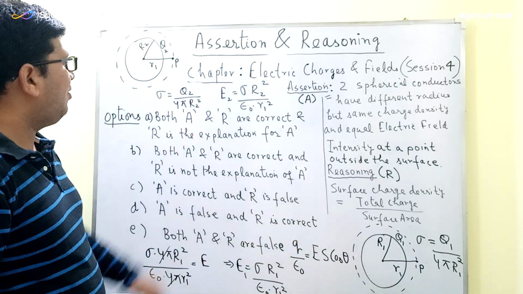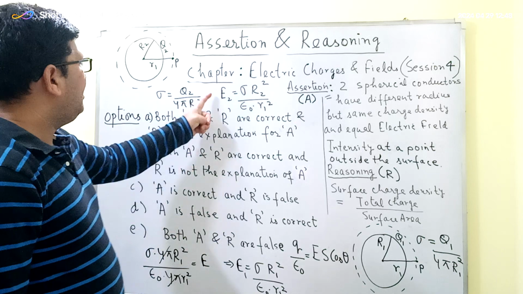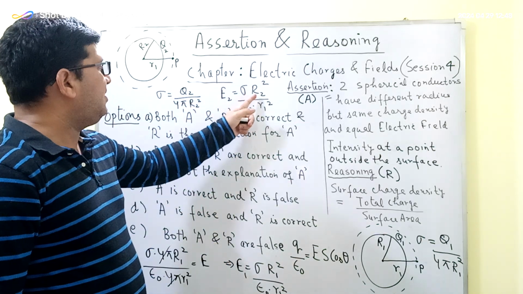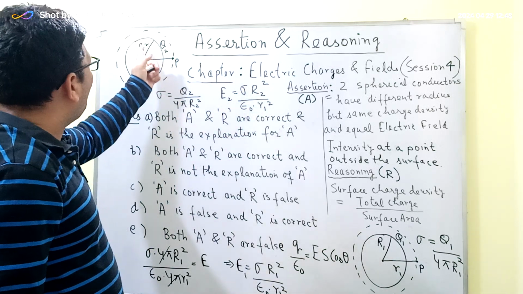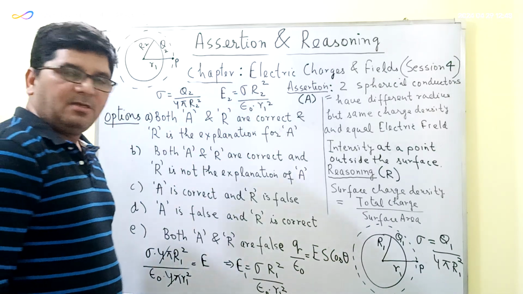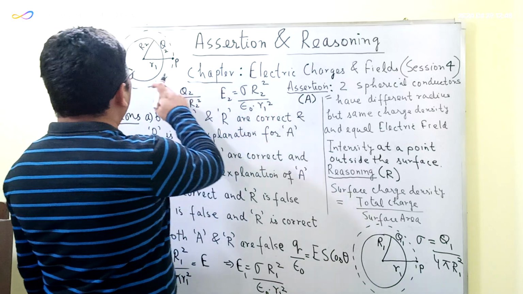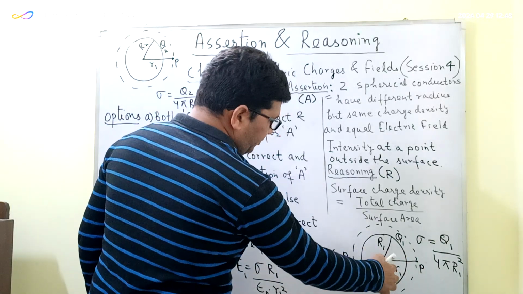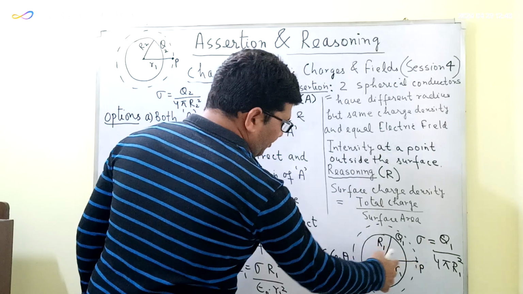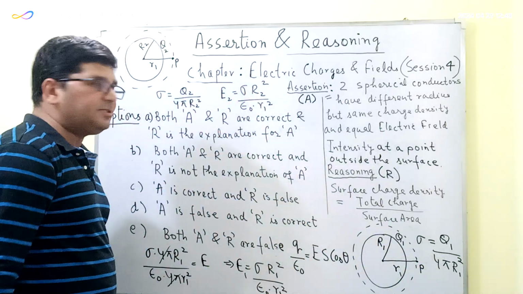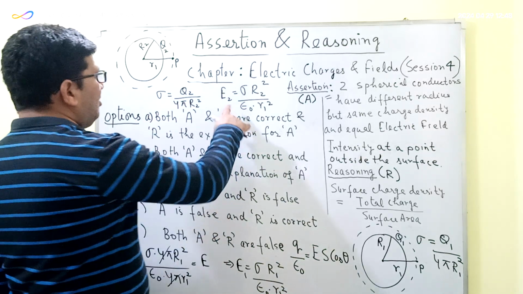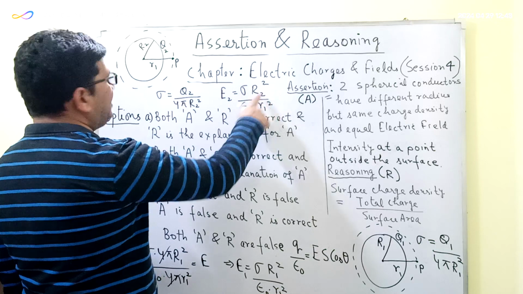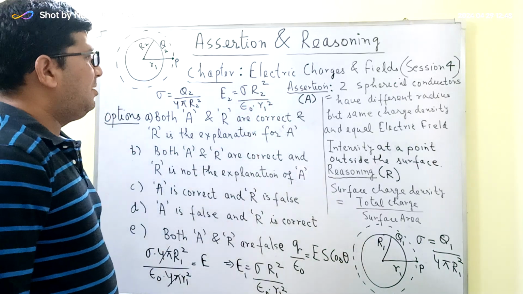From these two formulas, we can simply see that the values of E1 and E2 depend on the radius of these two spherical conductors. Okay? So even if the distance of this point from the center of the spherical conductor is the same, the electric field intensity will not be the same, because here R1 is not equal to R2.